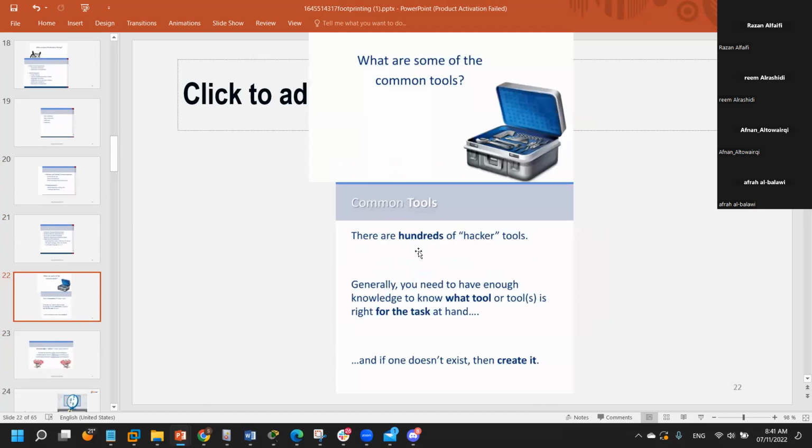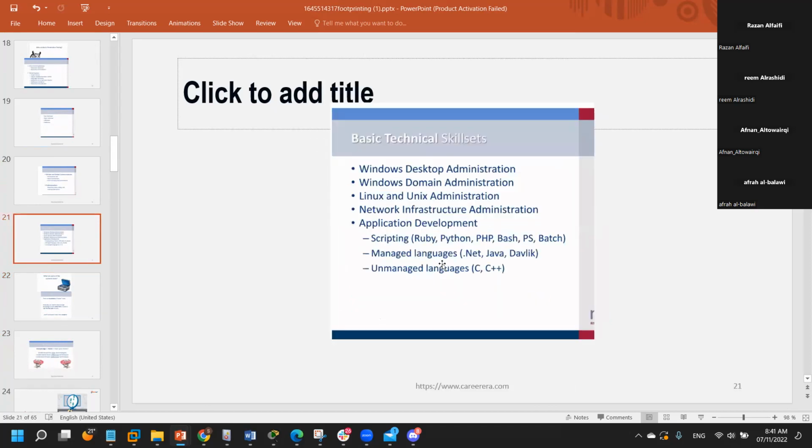There are some tools that you need as a penetration tester to do your work. These tools mostly exist in Kali Linux, and if you need extra, you can download them as well. But what will really distinguish penetration testers is when you start to create your own tools, and for that you need programming skills.